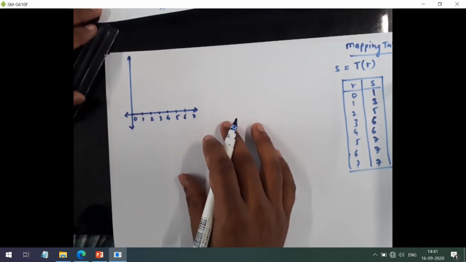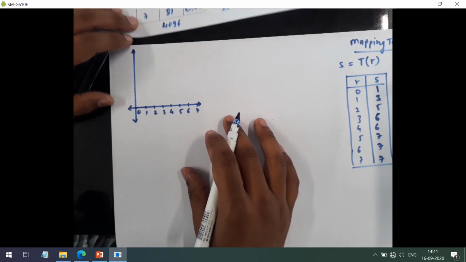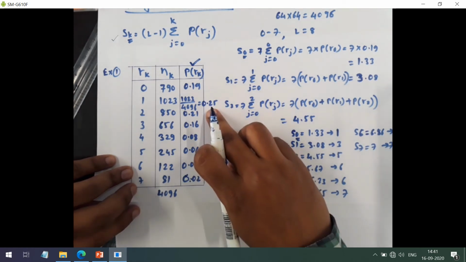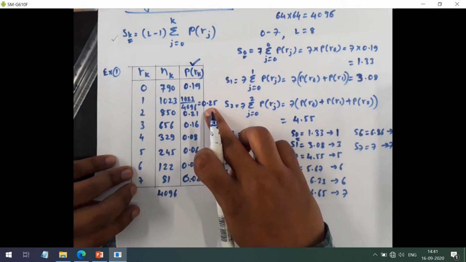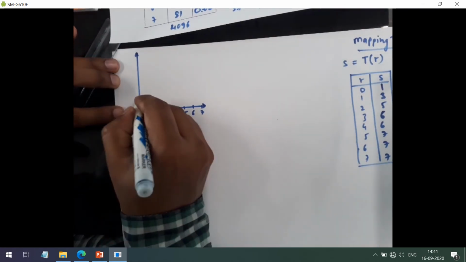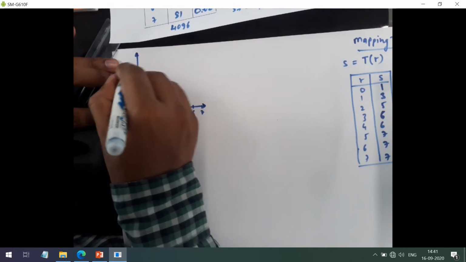And on the y-axis we have the P of Rk value, that is the normalized histogram value. Clearly the maximum we should plot is 0.3. So this is 0.1, this is 0.2, this is 0.3.